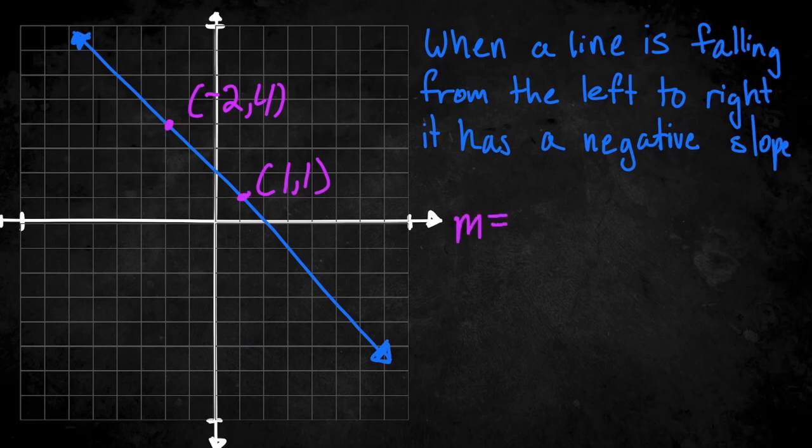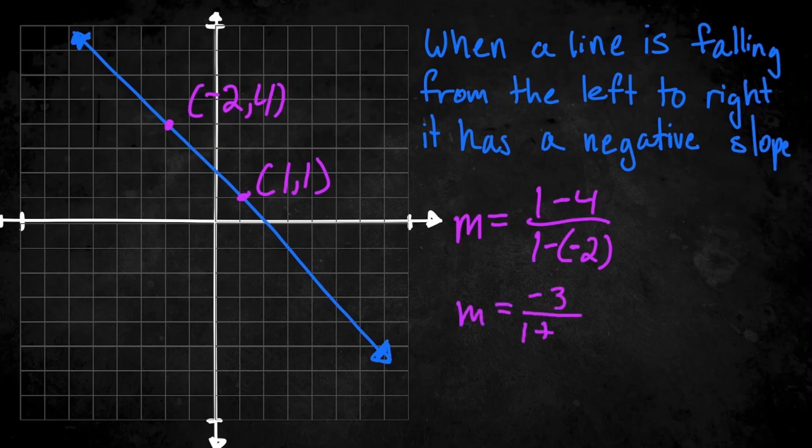So we have m equals negative 1 minus 4 over negative 2 minus, negative 1 minus negative 2. That'd be m equals negative 3 over 1 plus 2, which means m equals negative 3 over 3, which equals negative 1. Negative 1 being a negative number means that this line does have a negative slope.